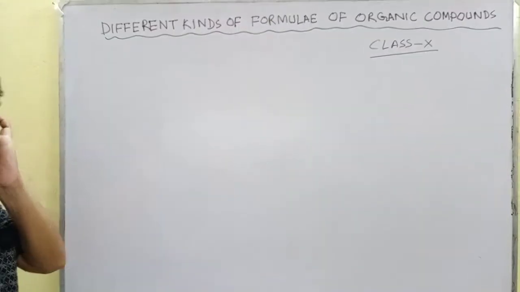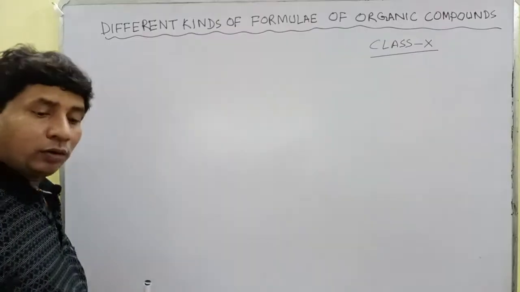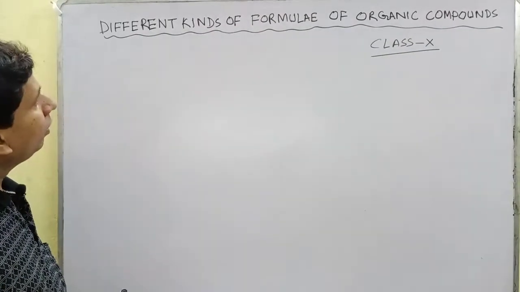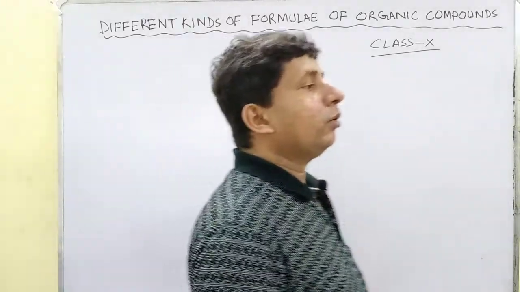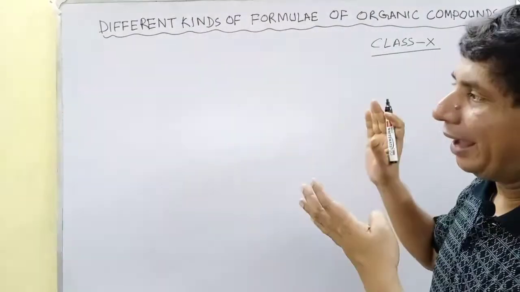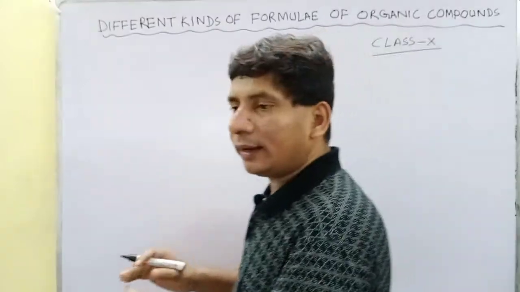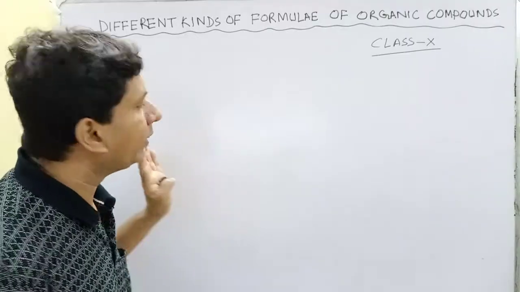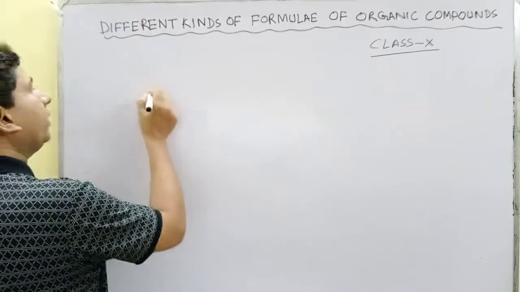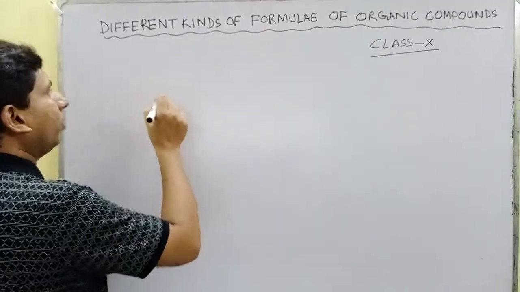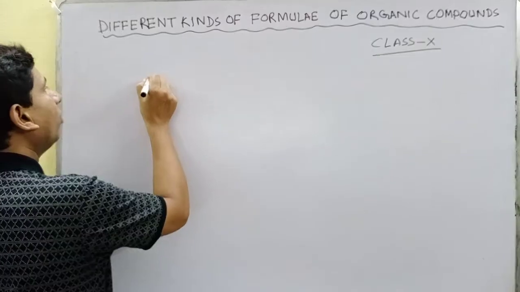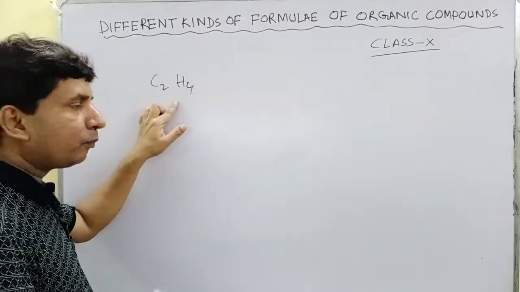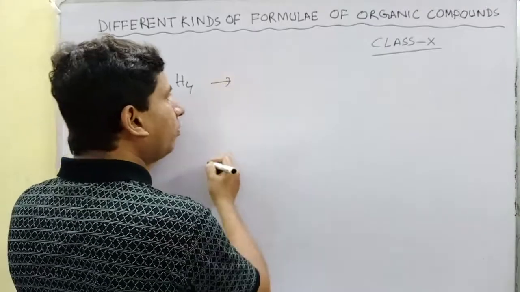In this lecture we also introduce the different formulas of alkene. That was the alkanes: methane, ethane, propane, butane, hexane, heptane. When it is ethene, C2H4 is the molecular formula. Then what will be the structural formula?